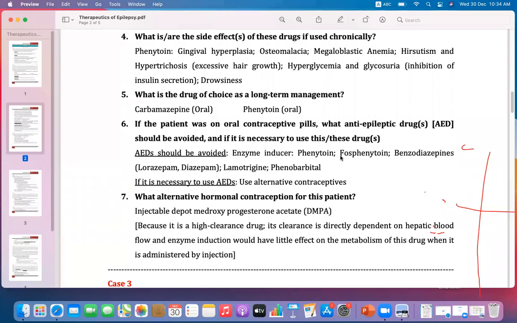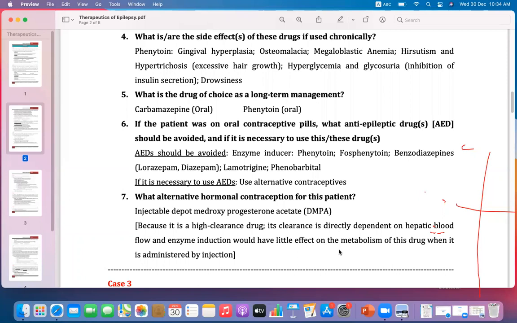What is the significance? Because it is a high clearance drug, its clearance is directly dependent on hepatic blood flow, and enzyme induction would have little effect on the metabolism of this drug when it is administered by injection.